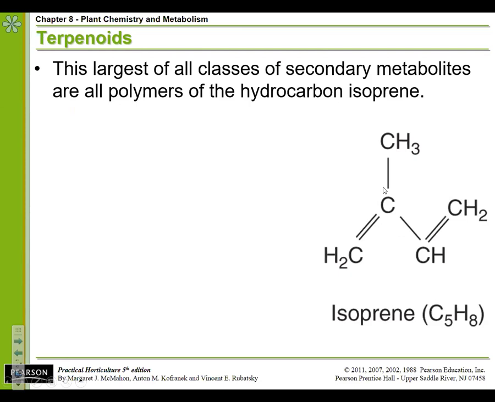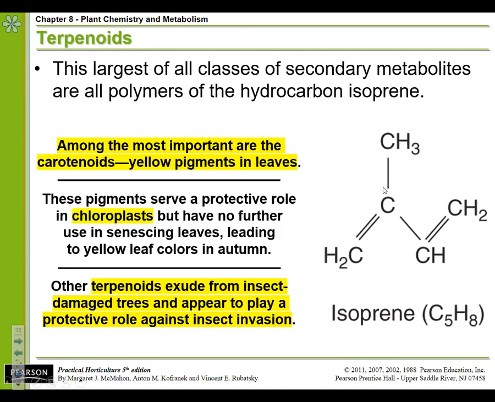But again, they're finding that some of these terpenoids can be used for medicinal purposes. The most important of the terpenoids are the carotenoids, which create the yellow pigment in leaves, and beta carotene, for instance, in carrots. Again, keep going back to eyesight, but they found that beta carotene is very important for vision.